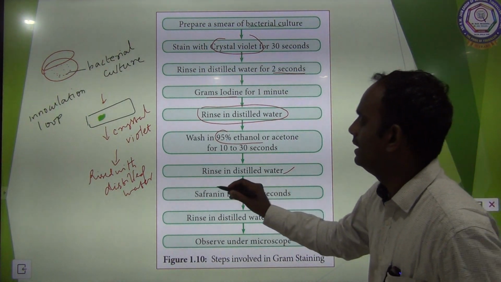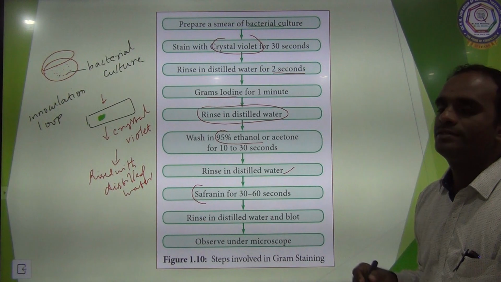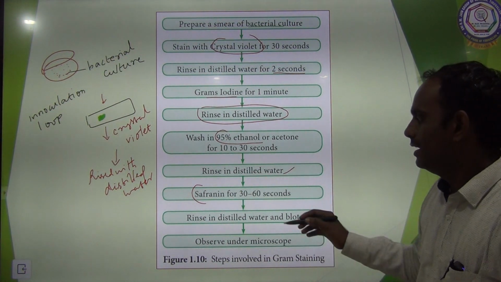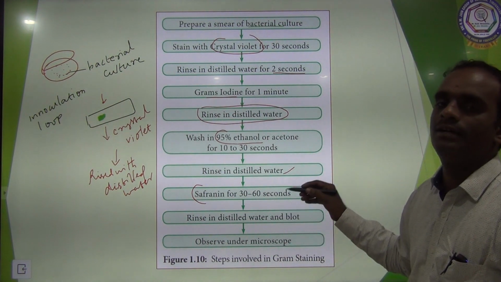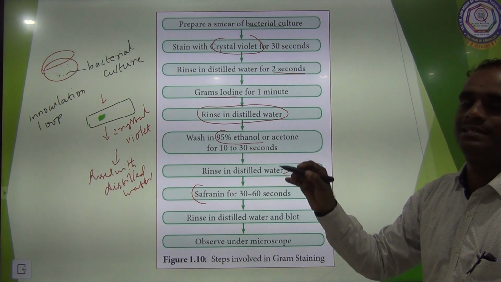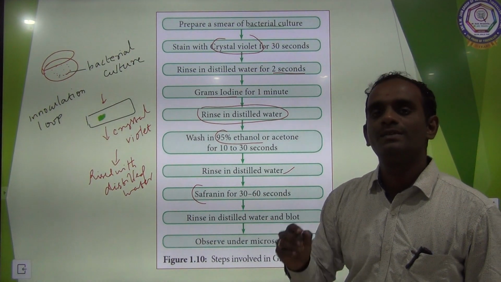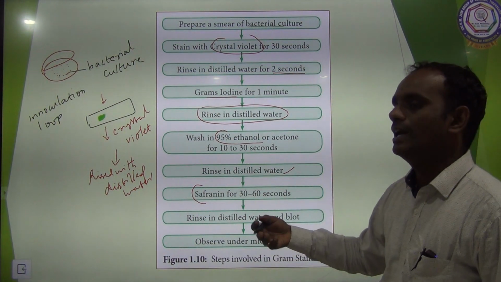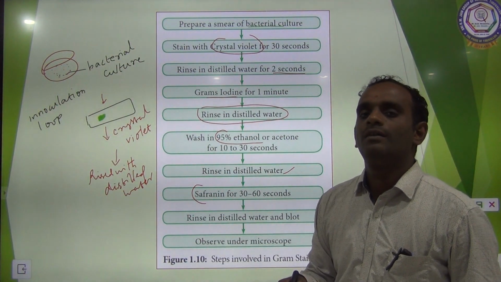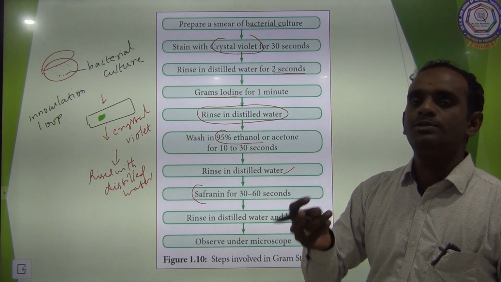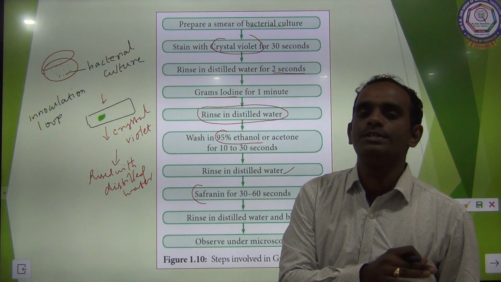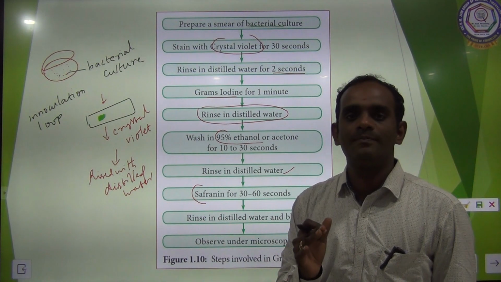Then finally add or pour safranin for 30 to 60 seconds. Again rinse the slide in distilled water and blot. Keep the slide as it is for a few seconds. Later on you just observe the slide under the microscope. Now we are able to see the two different types of bacteria, that is gram positive and gram negative bacteria.